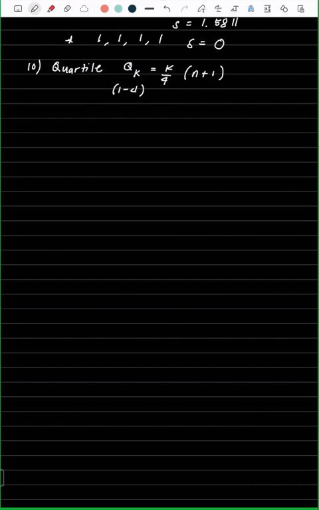Now, what's the difference of the quartile, decile, and percentile from the measures of central tendency? The measures of central tendency only give us the value that we can find in the center. The measure of position, just like the median, which is a positional value, gives us the center only.